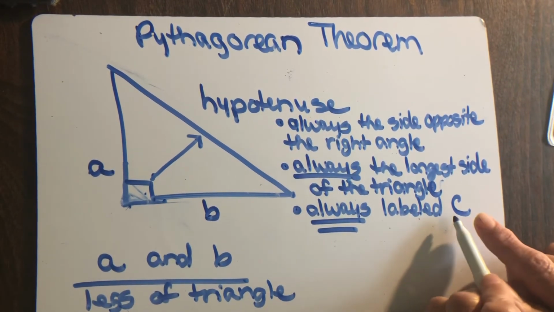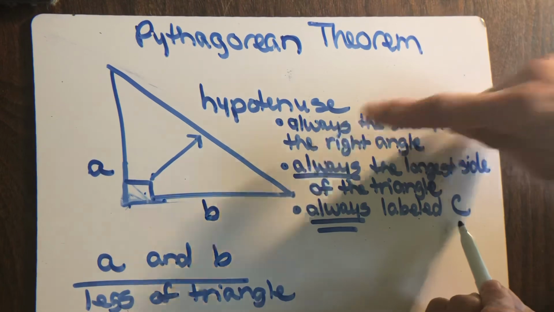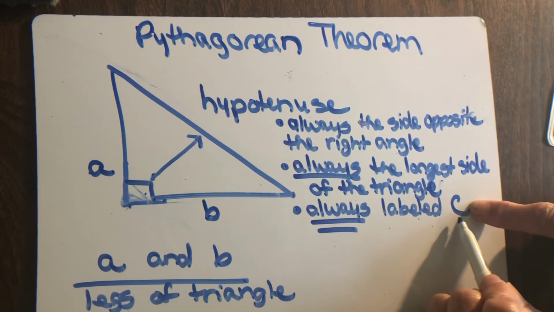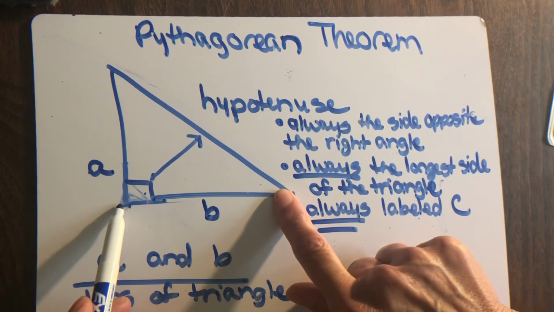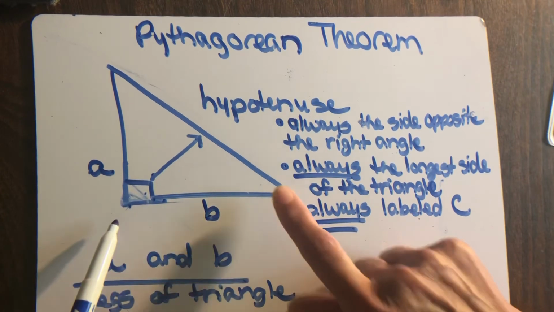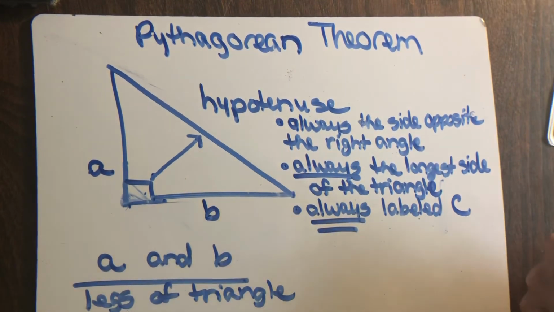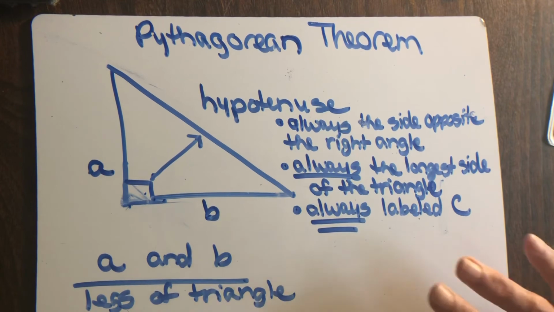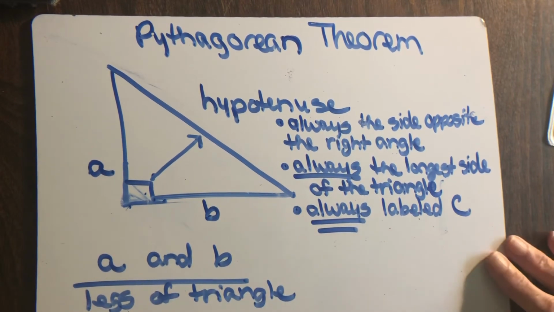What matters is you get the hypotenuse identified and labeled as C, no matter how your triangle is turned. Remember in your geometry stuff, they put your pictures all kinds of different ways. So you've got to really look and see what you're looking at and get your point of reference so that you know what you're doing.